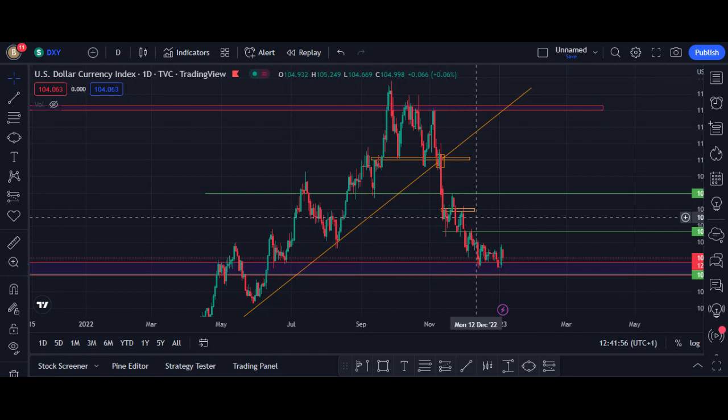Guys, remember that price doesn't usually trend all the time. Price trends probably 30 to 40% of the time, while the remaining times price is ranging.